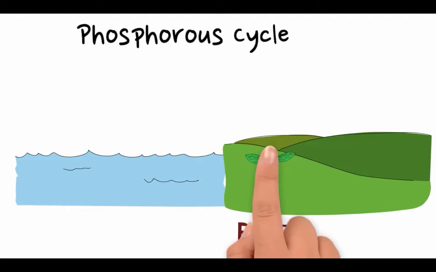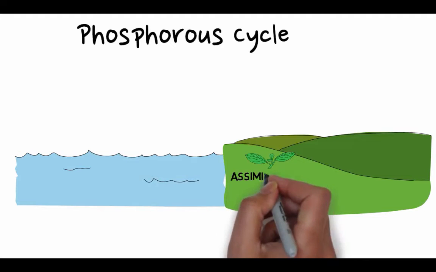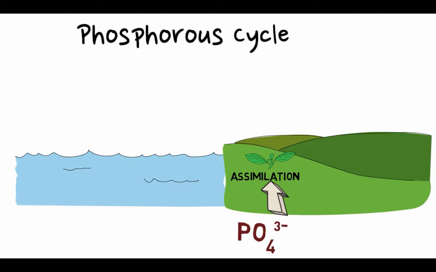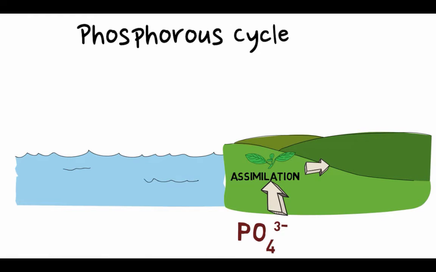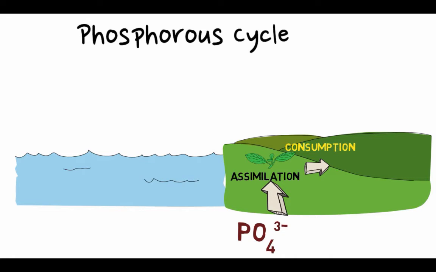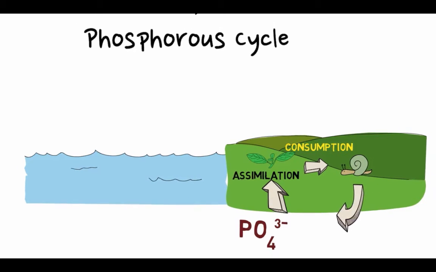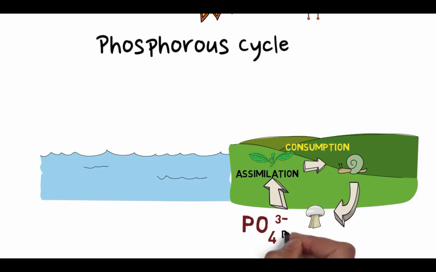When phosphate is in the soil, it can enter the plant roots and become assimilated into the plant cells. When animals eat plants or other animals, the phosphate is passed from one organism to the next. When the organisms decay, decomposers like fungi and bacteria return the phosphate to the soil.